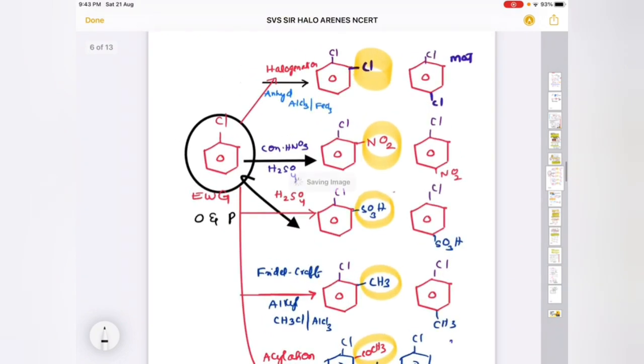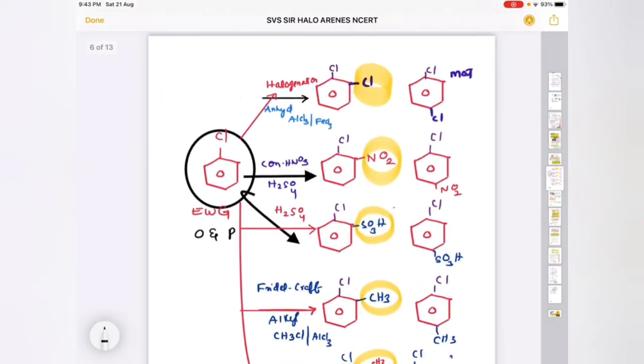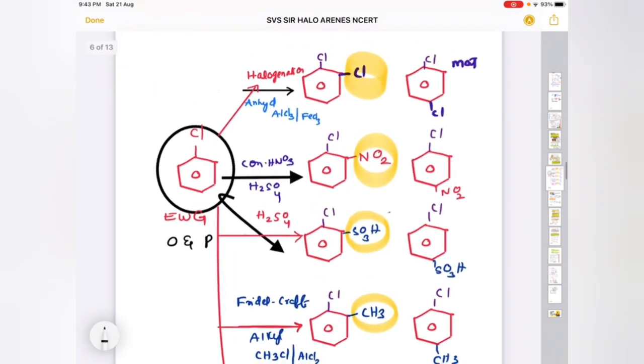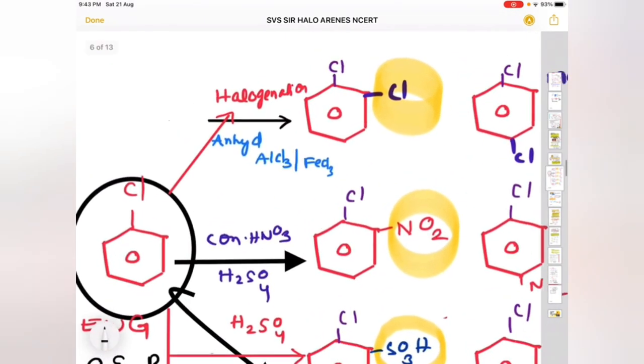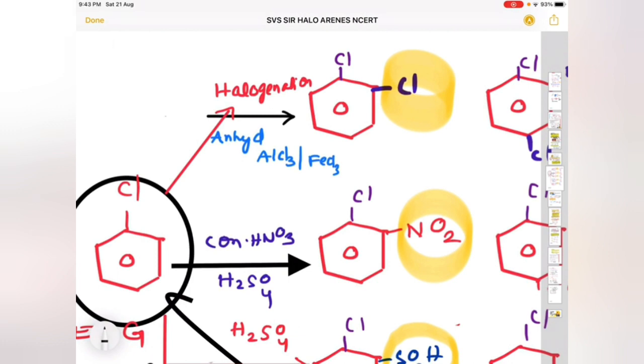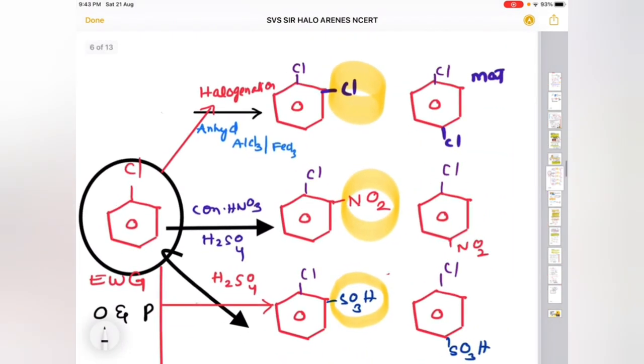So next one, let us discuss chemical properties. In chlorobenzene, chlorine is generally an electron withdrawing group. It is ortho para directing group. So when you take halogenation, reaction with chlorine in presence of FeCl3, we are getting two different products. First one is ortho dichlorobenzene, second one is para dichlorobenzene.